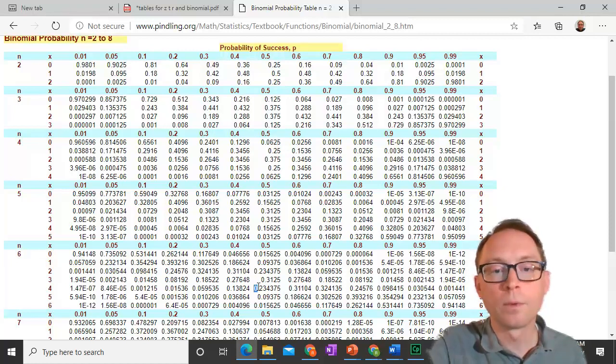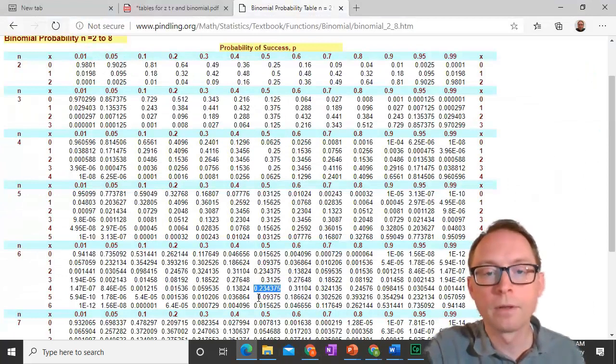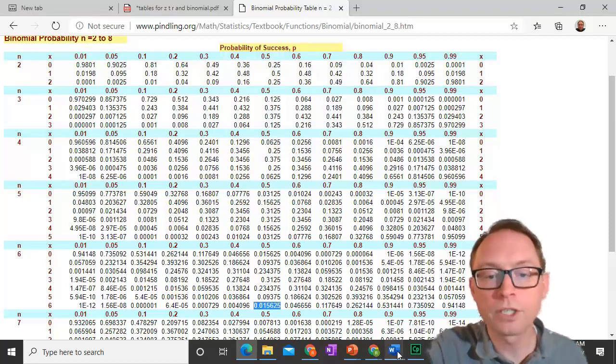We're adding up. The probability of 4 people vaping is 0.234375. Plus the probability of 5 people vaping, and that is 0.09375. And the probability of 6 out of 6 people vaping is 0.015625.